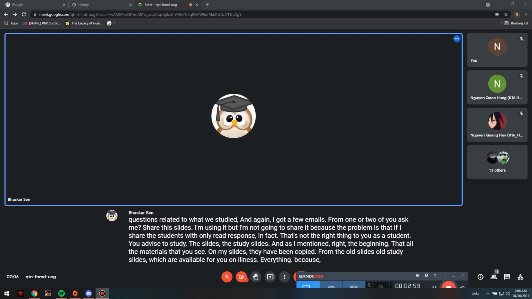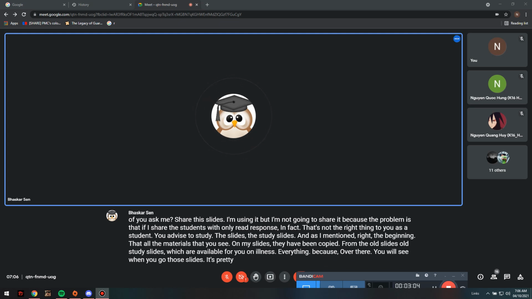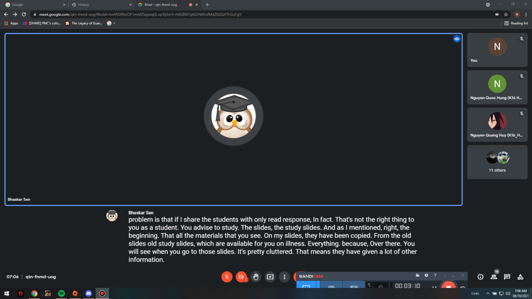Because over there, when you go to those slides, you will see it's pretty cluttered. That means they have given a lot of other information, and they have tried to explain those things in different ways, using different vocabularies.